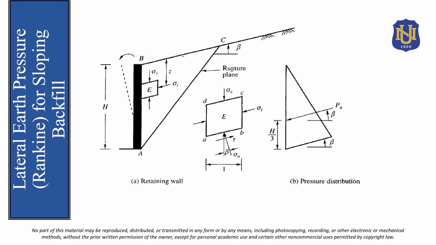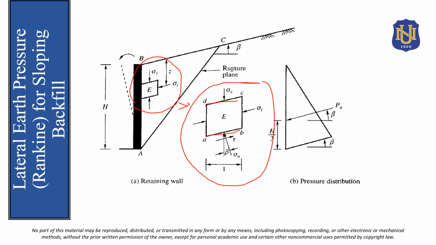So, if we take an element from an inclined backfill at a depth Z, we will enlarge it. As you can see in this figure, there is a plane AB and a plane DC, which is inclined at an angle beta.